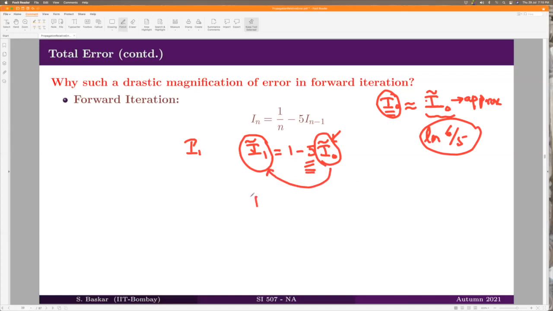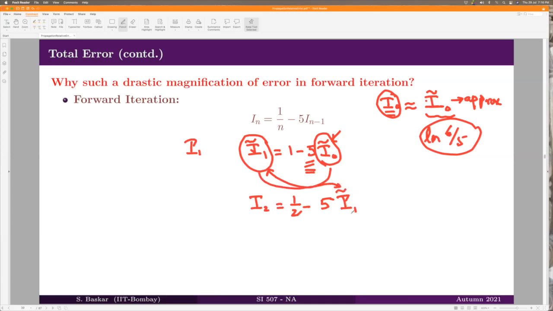Again, when I go to find I2, I am supposed to put 1 by 2 minus 5 times I1, but my computer doesn't know what I1 is. It only knows I1 tilde, the approximate value, so that is what it plugs in here.